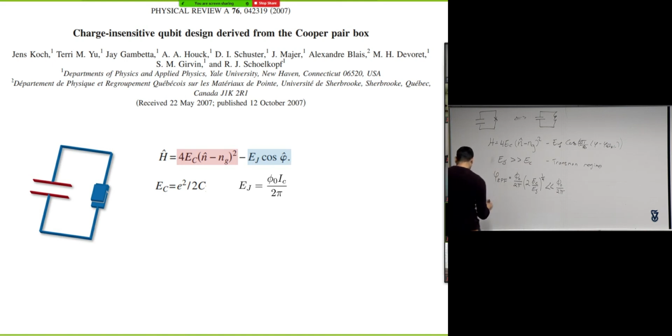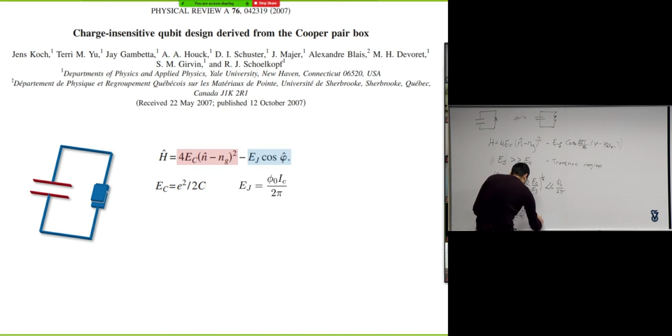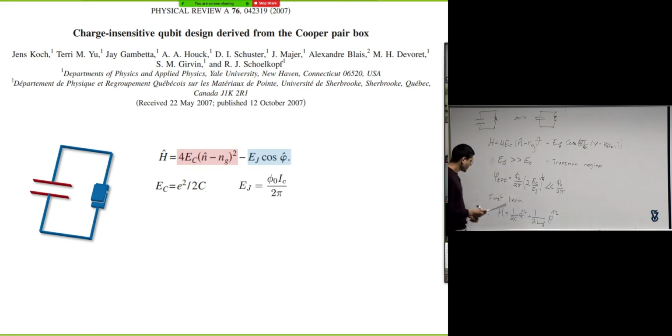So at first order, we're just going to get H equals, and now I'm going to write, instead of EC, Q, just so it looks exactly like a harmonic oscillator, 1 over 2C Q squared plus 1 over 2 LJ phi squared, where LJ is just related to EJ over here.